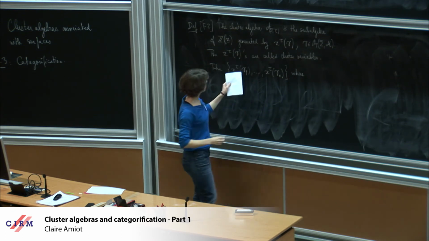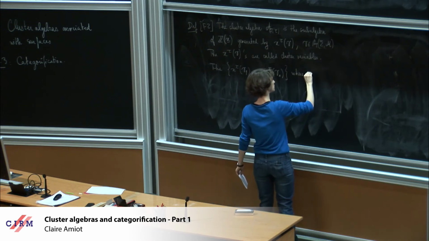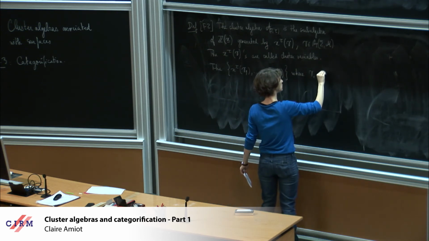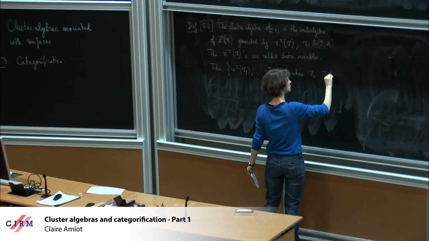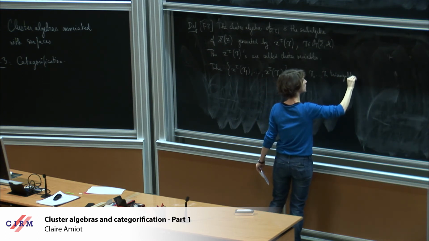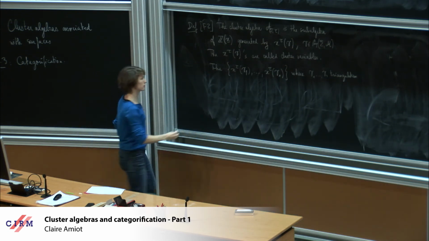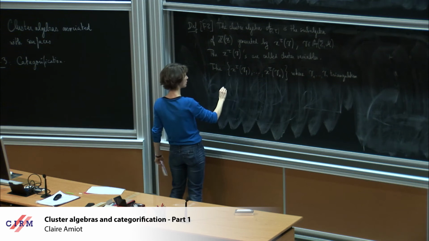So if you take n arcs that are compatible, you can then gather these variables into sets, and these sets are called clusters.